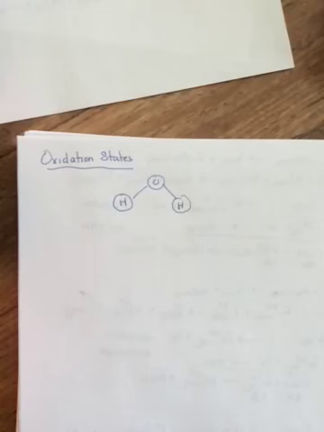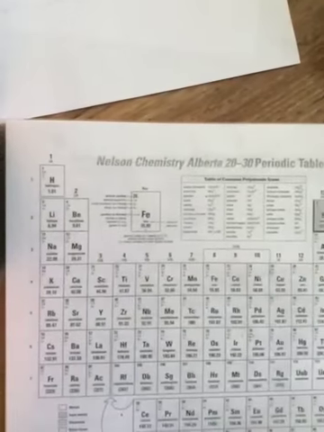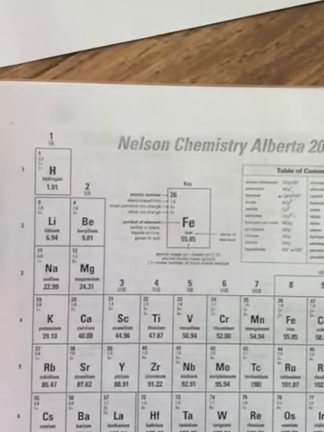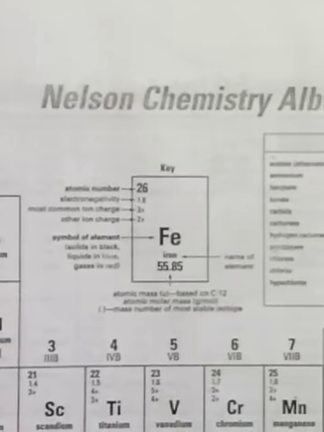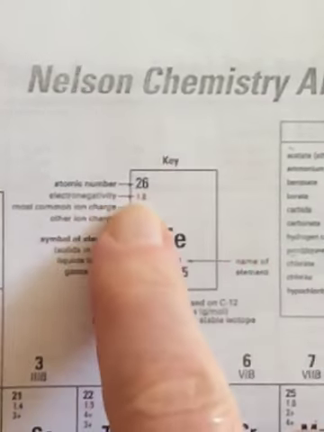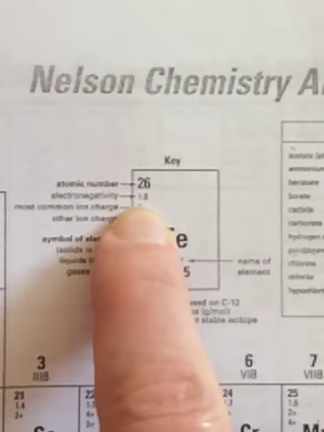Well, the way we figure it out is we look at the electronegativity of the atom. And I'm thinking you would have learned about this in chemistry. If you go to your periodic table, you will see that the number right under the atomic number is the electronegativity.